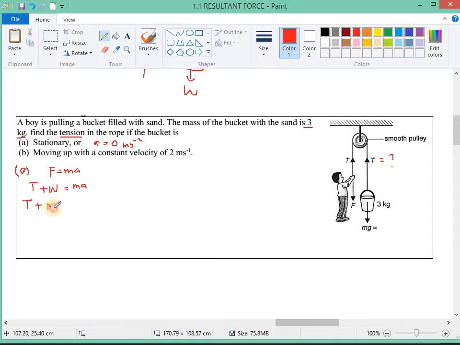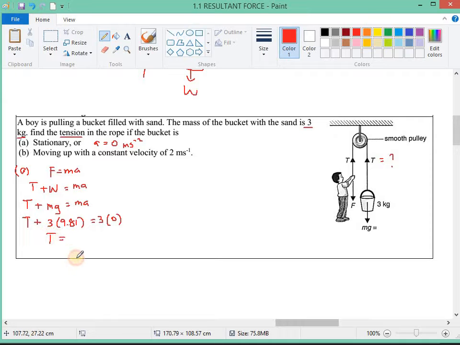The weight is mg. The mass of the bucket is 3 kg. g is 9.81. And what is the acceleration? The acceleration is 0 because it is stationary.